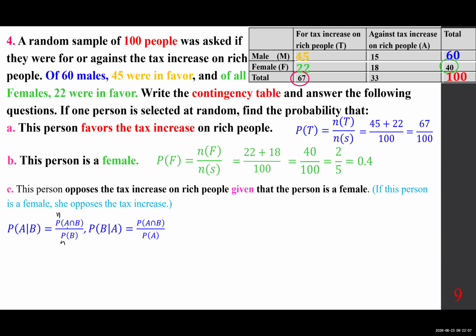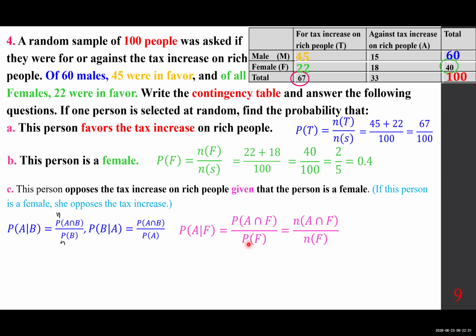So having said that, we want to write this person opposes tax increase. Okay, that means probability of opposing is A given F. So probability of A given F is probability of A intersection F over P of F, or you can go with N. So I'm going to start, as I mentioned, with the denominator.